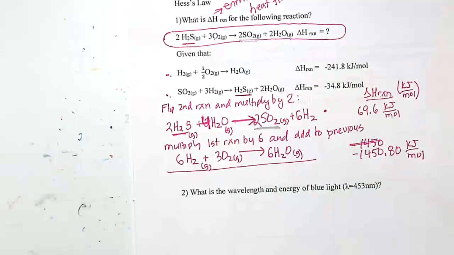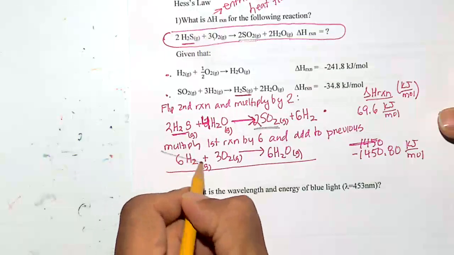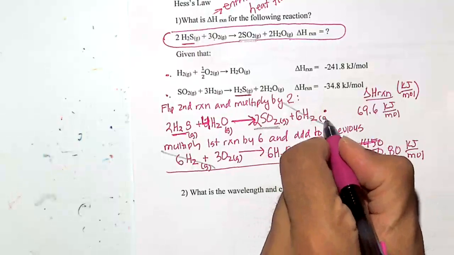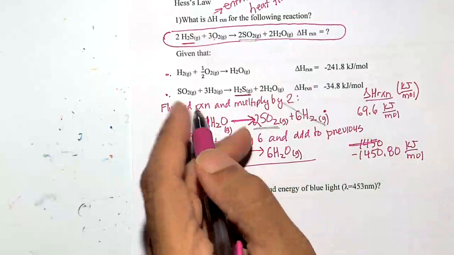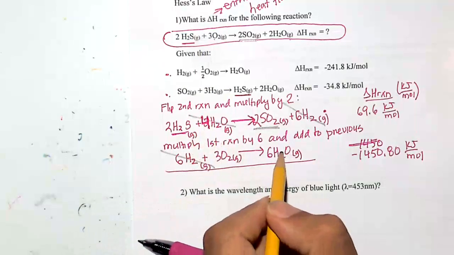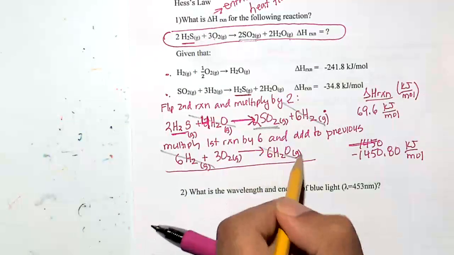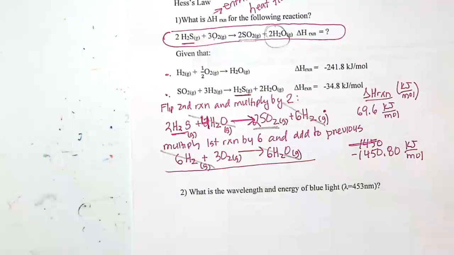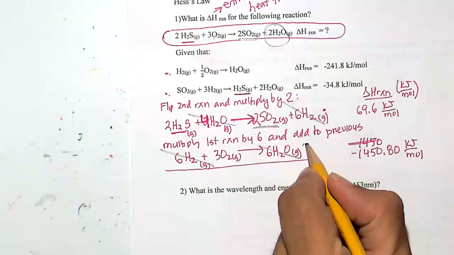All right, so let's add these up together here. Do you guys see what cancels out? Those cancel out. And then the 4H2O cancels out with the 6H2O, leaving how many left over? 2. And this is the 2H2O that we see there in the product side.